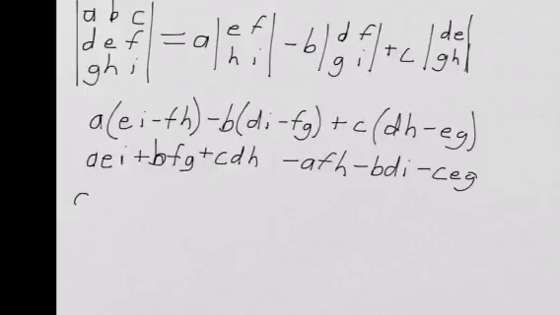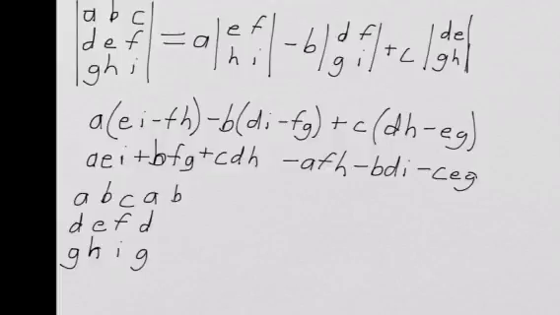But I'm going to rewrite that matrix without anything denoting it. But now what I'm going to do is rewrite those first two columns. So ADG and BEH. And then I'm going to draw some diagonal lines here.